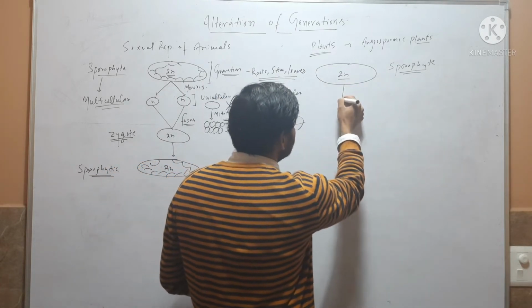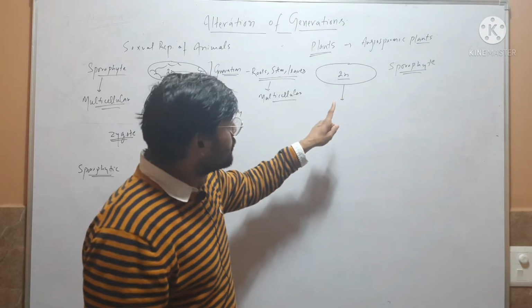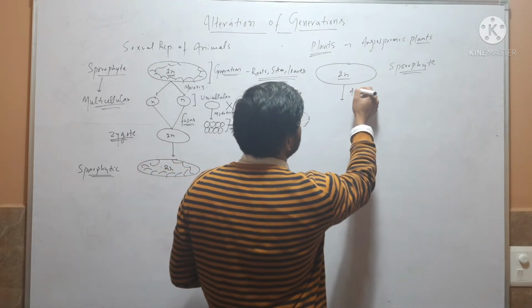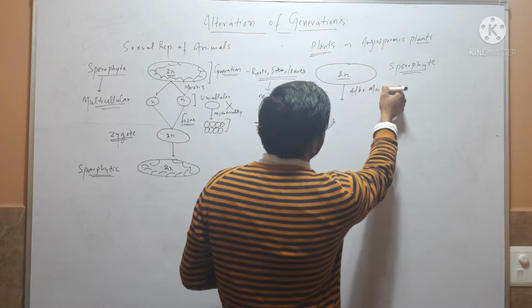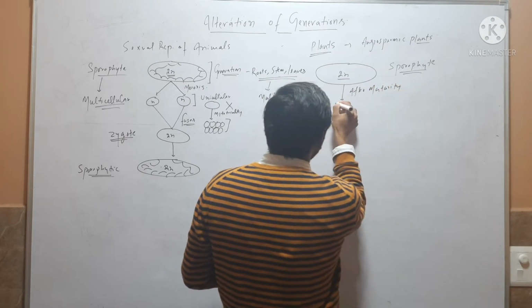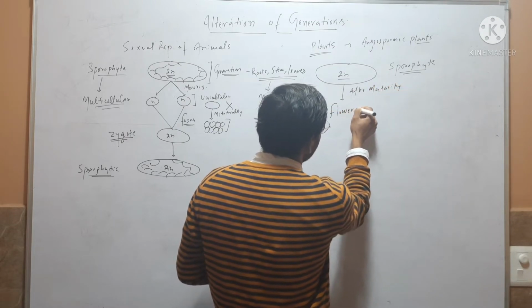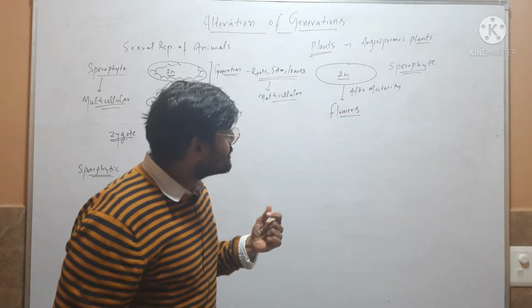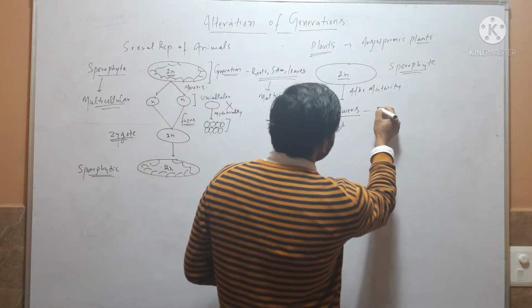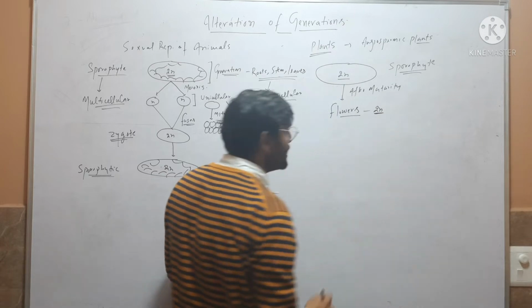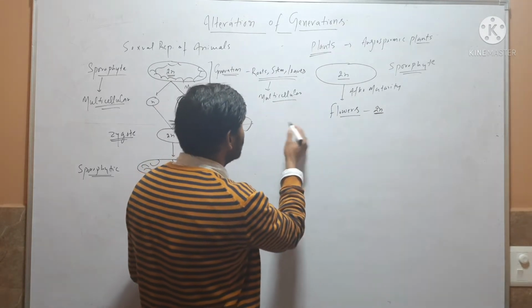After maturity, it will produce flowers, which are also 2n.